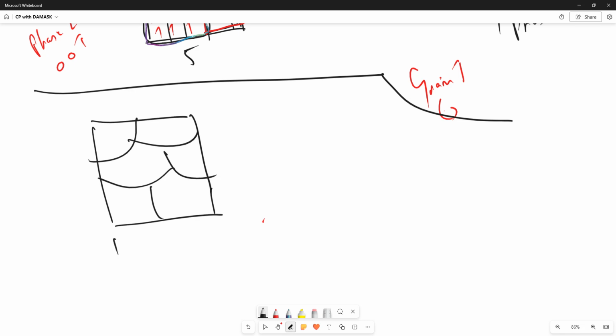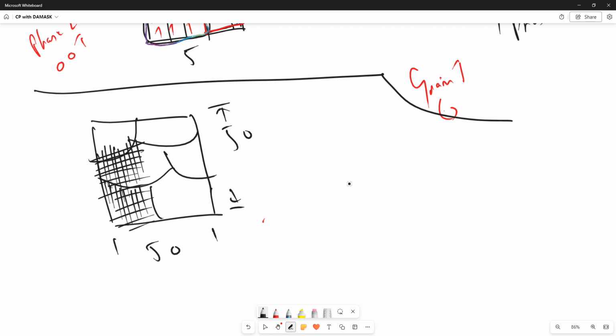We define a specific resolution. We say this is 50 by 50, let's say, which means it has 50 boxes in this direction, 50 boxes in this direction, a total of 50 multiplied by 50, right? Which means if I just redraw this, it will look something like this, right?